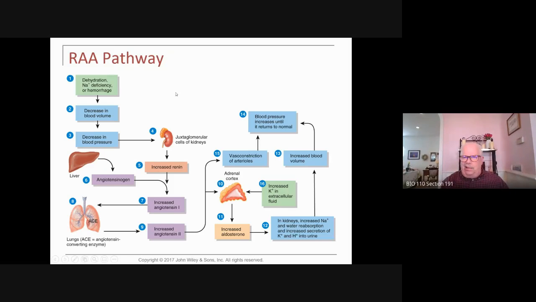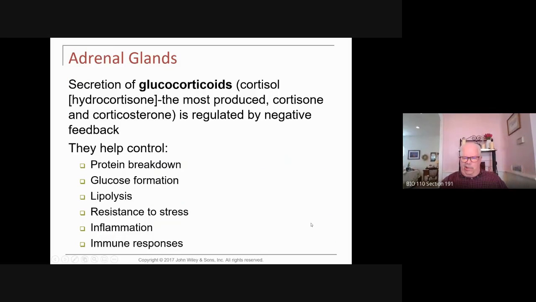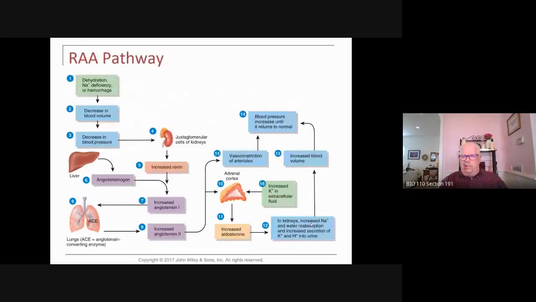Angiotensin 2 directly vasoconstricts arterioles and will raise your blood pressure. It also stimulates the adrenal cortex to release aldosterone. Aldosterone will affect the kidneys by increasing sodium reabsorption and getting rid of not only potassium, but also hydrogen, and will raise your blood pressure. This is the pathway. Here it is again.